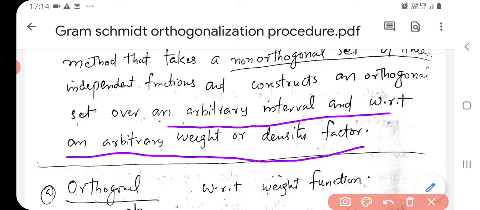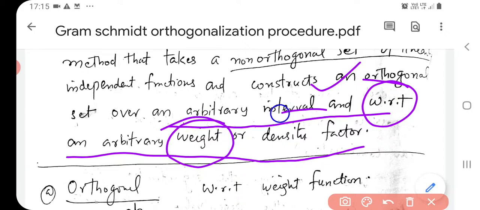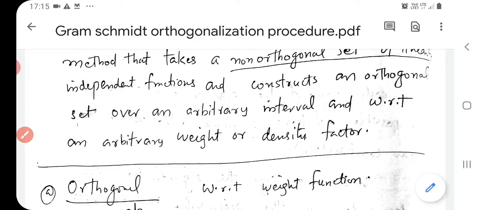So this is a method which takes a set of non-orthogonal linearly independent functions and forms a set of orthogonal functions over an arbitrary interval and with respect to an arbitrary weight or density factor. This is a very important method.